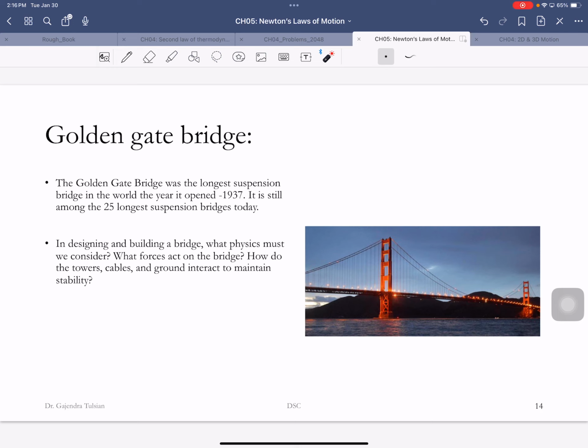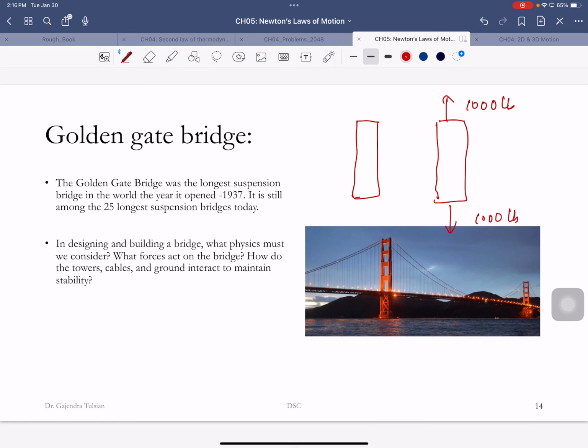Let's say this could be a bone, a concrete column, or whatever. A lot of materials. Let's say I apply a 1,000-pound force in either direction. So this is a tensile force. I'm trying to stretch it.